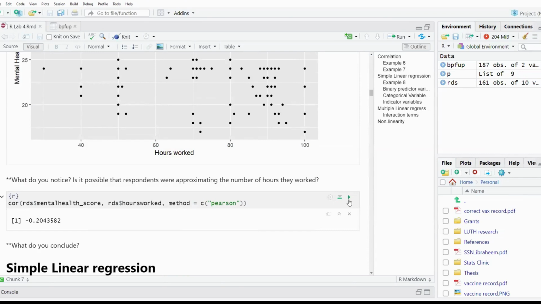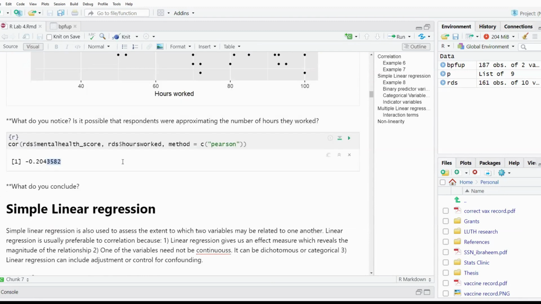But we can look at the correlation here as well. It's negative 0.20. So this correlation is fairly straightforward. What do you conclude about this correlation coefficient? Even if you hadn't seen the graph before and you saw a correlation of minus 0.20, what does the minus tell you?